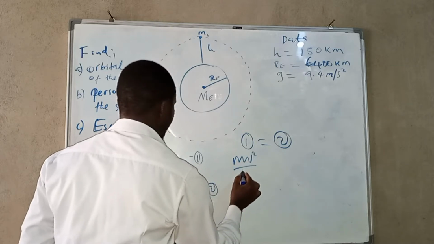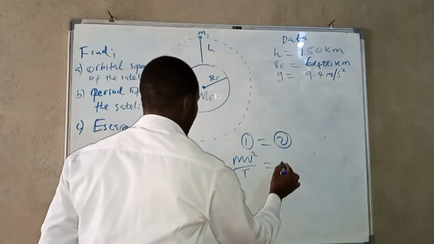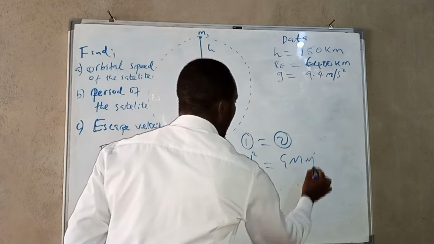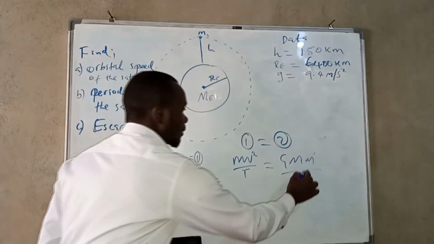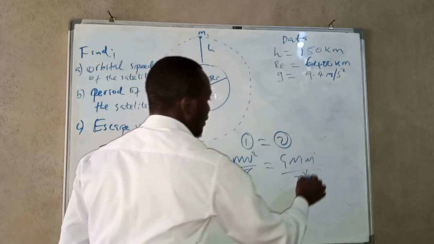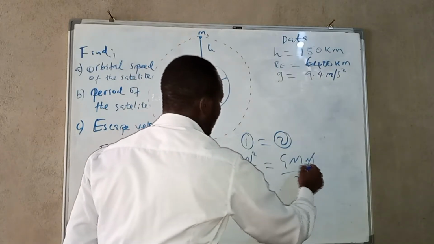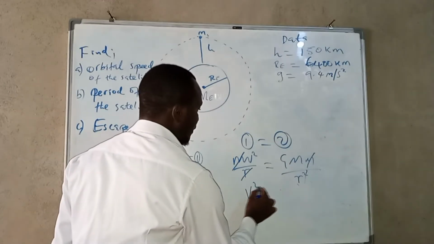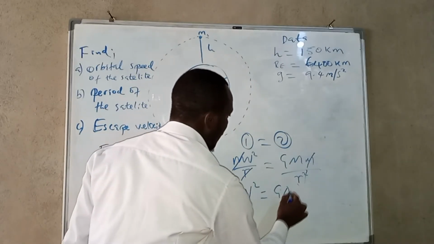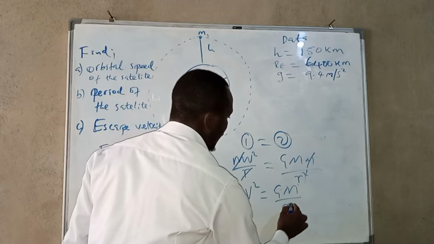So we have mv squared over r is equal to GMm over r squared. This and this can go, then also this and this can go. So we're going to have v squared is equal to GM over r.